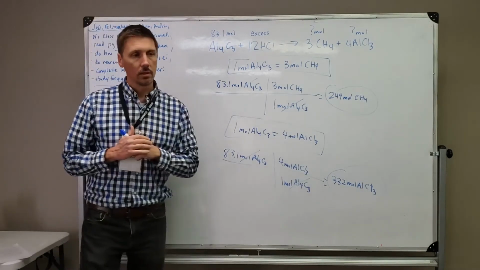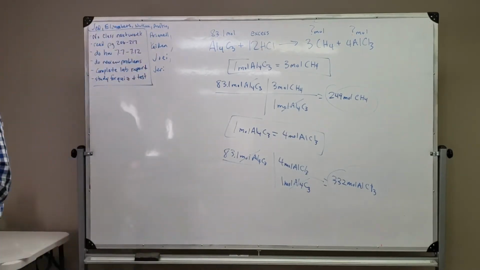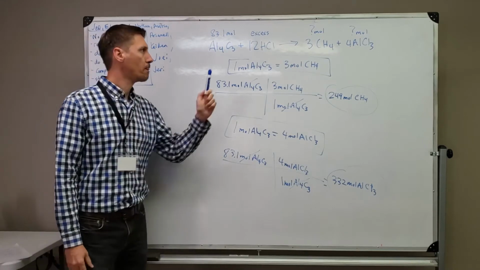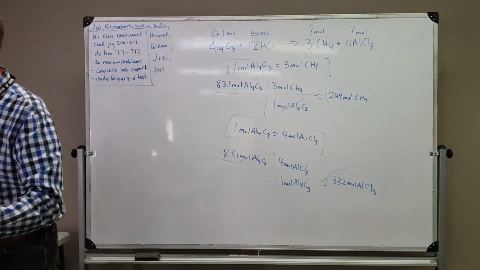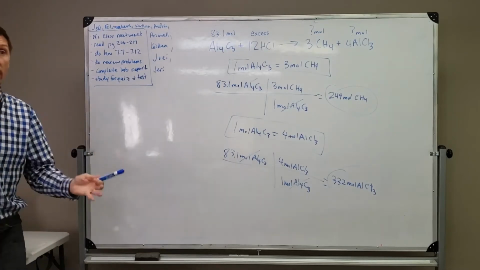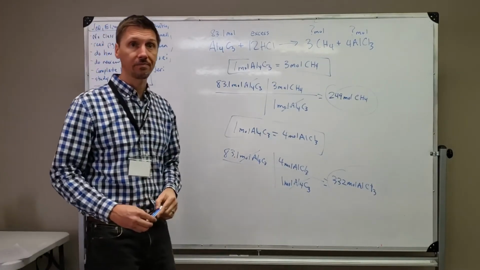So, I'll let you finish writing that down, and I'll ask you one more question. So I know I had plenty of HCl, right? It was excess. We had excess HCl. We had more HCl than we needed, right?